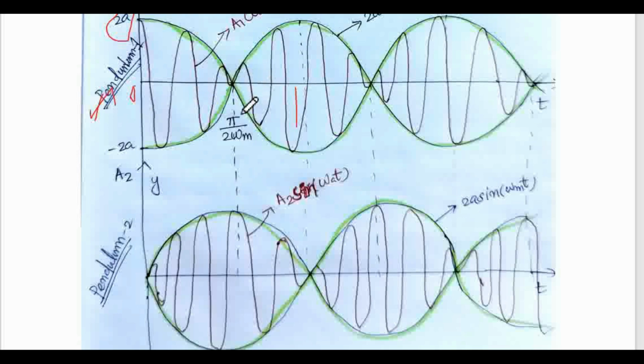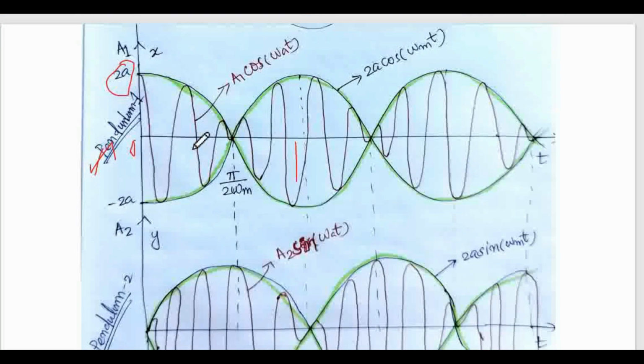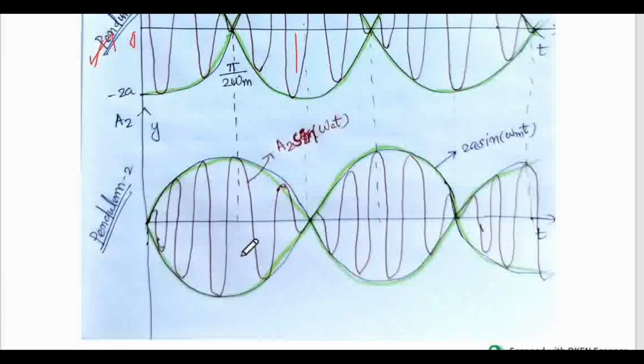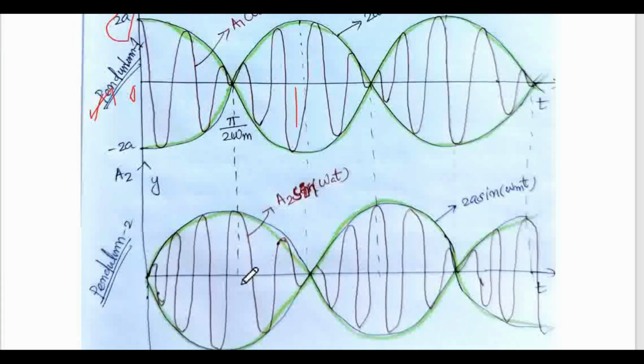Now this is for one flow of energy. For the second flow, the total energy stored in the second pendulum transfers to the first pendulum, and it will take place after another pi by 2 omega_m time.